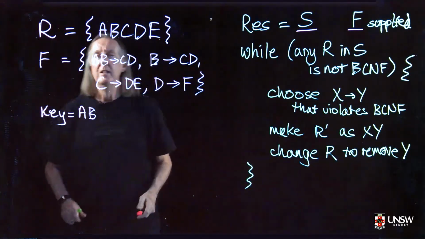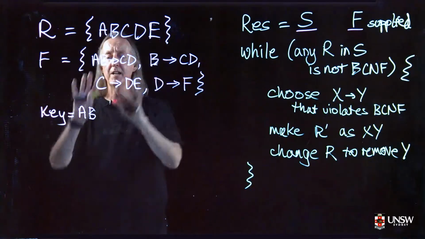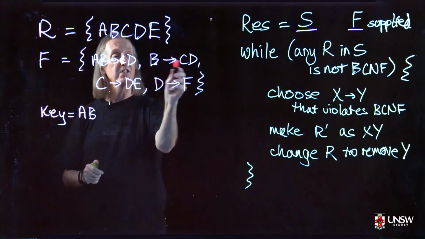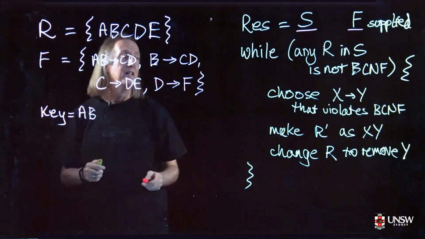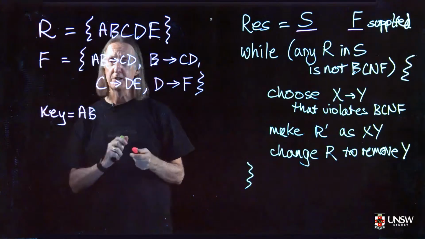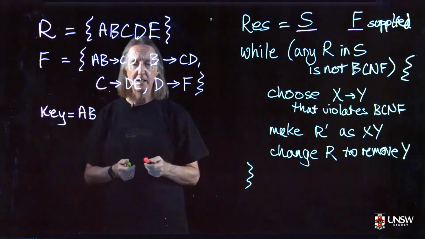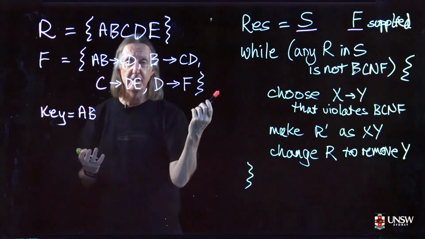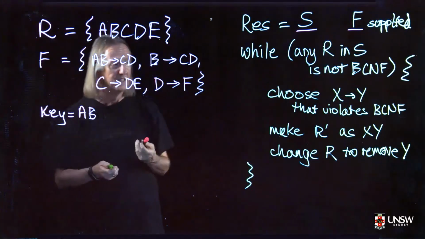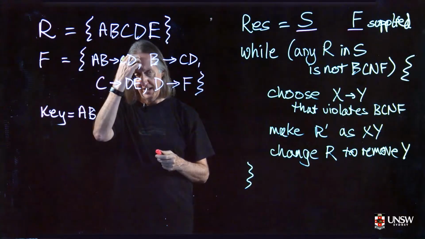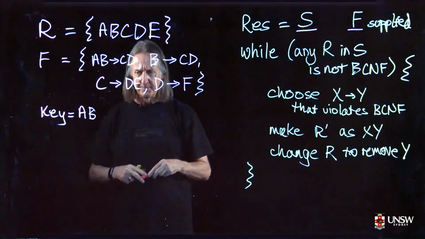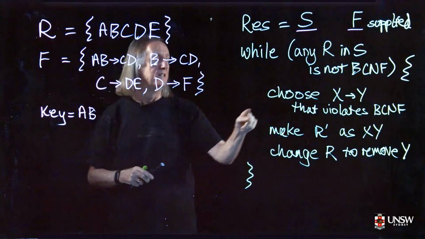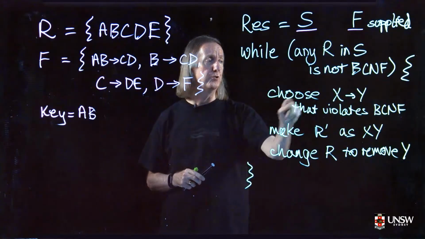All right, now we've got a single table and a key here, and it's clear that there are some functional dependencies that don't involve all of the key on the left-hand side. An obvious one is this one, which doesn't involve any part of the key on the left-hand side. So that's the one we're going to choose.